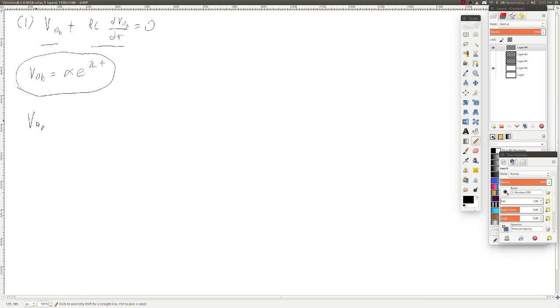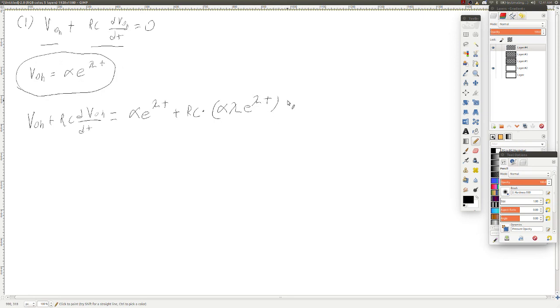So VOH plus RC dVOH over dt is equal to alpha e to the lambda t plus RC times the derivative, which is alpha lambda e to the lambda t.